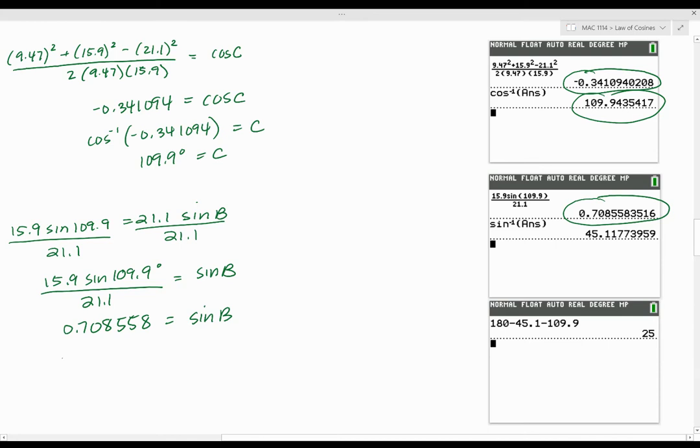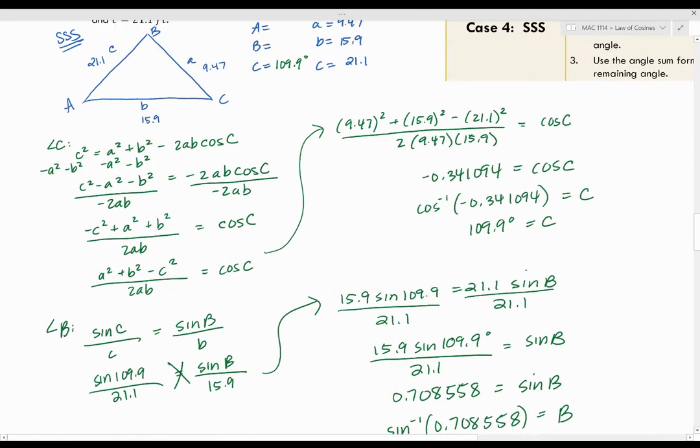I'm looking for angle B, so I need to take the inverse of this value. When I do that, B is 45.1 degrees. I can go ahead and fill that in on my chart.